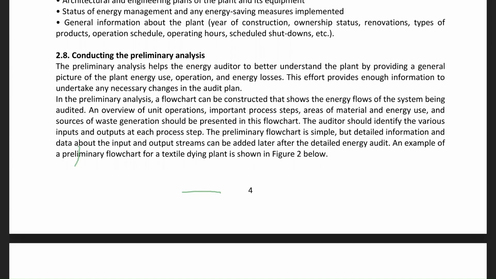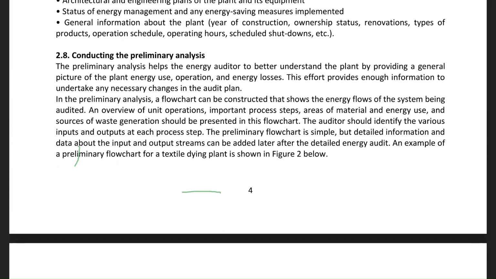What are the operating hours, whether it is operating in a single shift or multiple shifts, 3 shifts, what is the weekly off, what are the national holidays, what are the scheduled shutdowns, and also unscheduled ones, which can be due to any strike. That is also taken into consideration for better results.